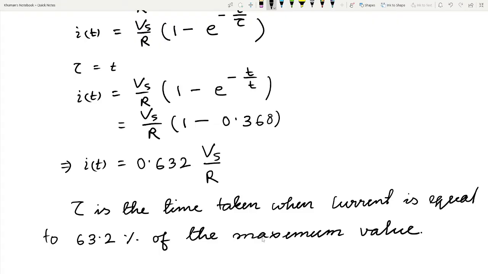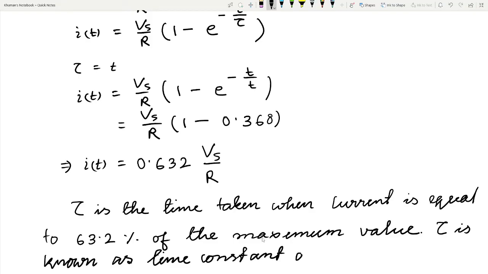Okay, and tau is known as the time constant of the circuit.